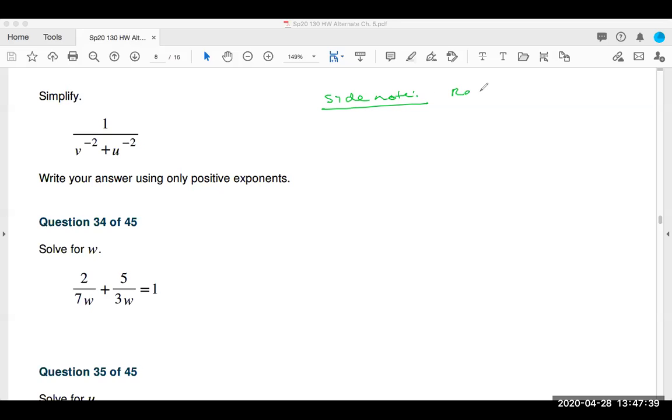Let me actually just do a side note. Recall that if you have a to the negative n, that's the same thing as a over 1 to the negative n. If you want to change the exponent into a positive, you flip the numerator and denominator inside the fraction. And then you'd have 1 to the n power over a to the n power, just 1 over a to the n.